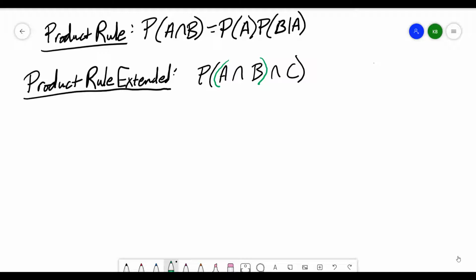I'm going to think about A intersect B grouped together separate from C. So now this probability is going to equal the probability of A intersect B times the probability of C given that A intersect B has occurred.